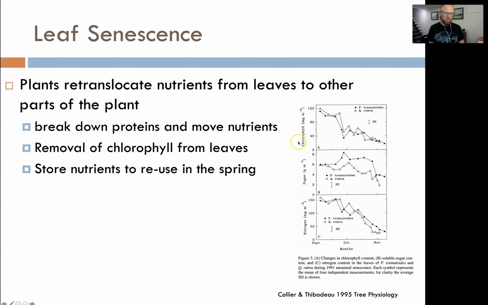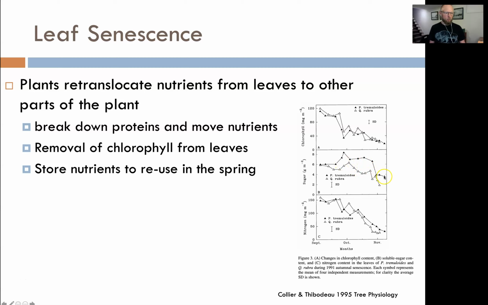First, you can see chlorophyll content drops drastically as the leaves prepare for winter. We've talked a lot about nitrogen being important for rubisco; it's also really important for chlorophyll. So the plants are breaking chlorophyll down and taking the important pieces back out of the leaves, storing it in the woody tissue until the spring, and then they can reuse some of that nitrogen in the spring.